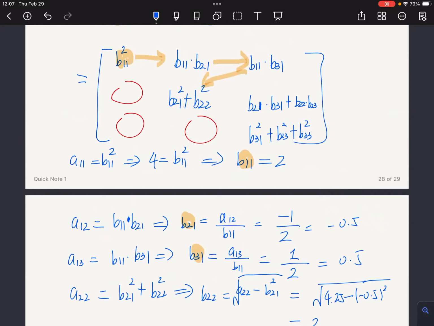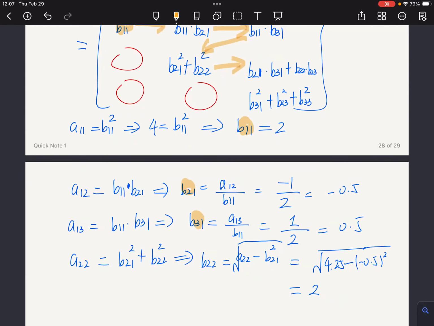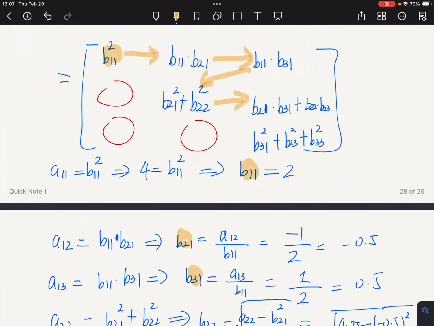And now it's quite intuitive that we need to go from here to here, right? And so I'm going to compare this one. For this one, we already know the value B21, the first column. These are from the first column, and the values are the values we already know.